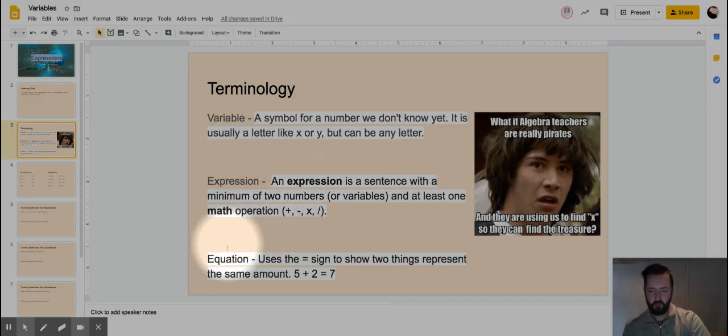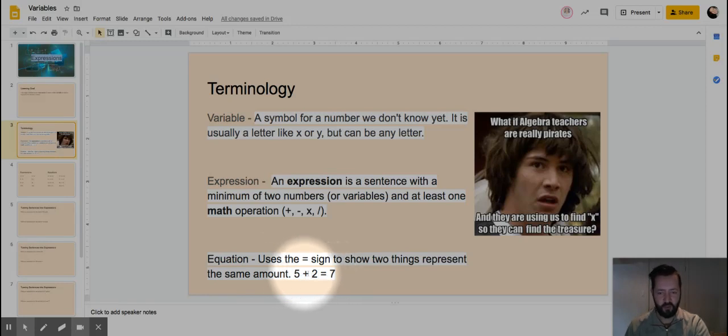Now, I also just wanted to put this definition on here of an equation. We aren't going to do too much work with equations today, but it's probably worth knowing how equations are similar and different to expressions. So an equation uses the equal sign to show two things represent the same amount. So for example, 5 plus 2 equals 7.